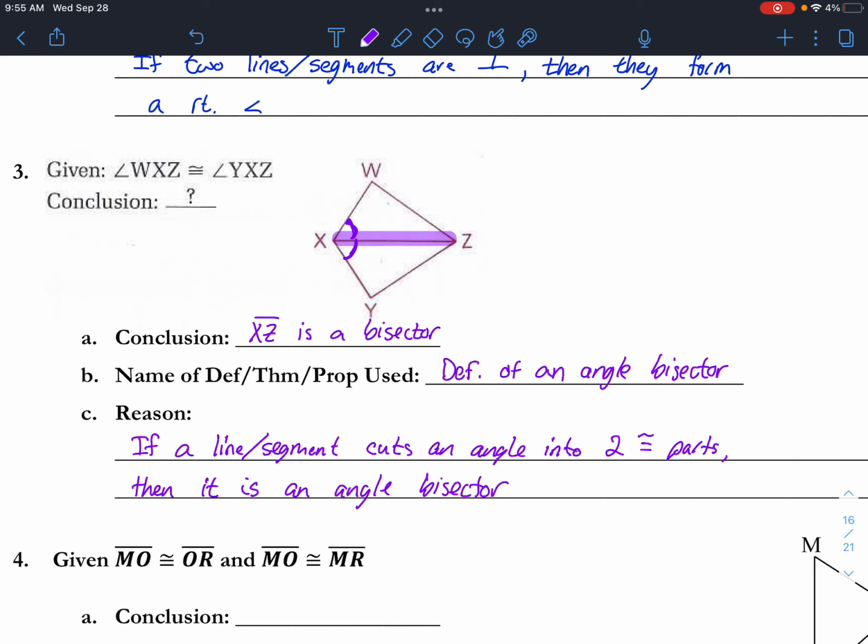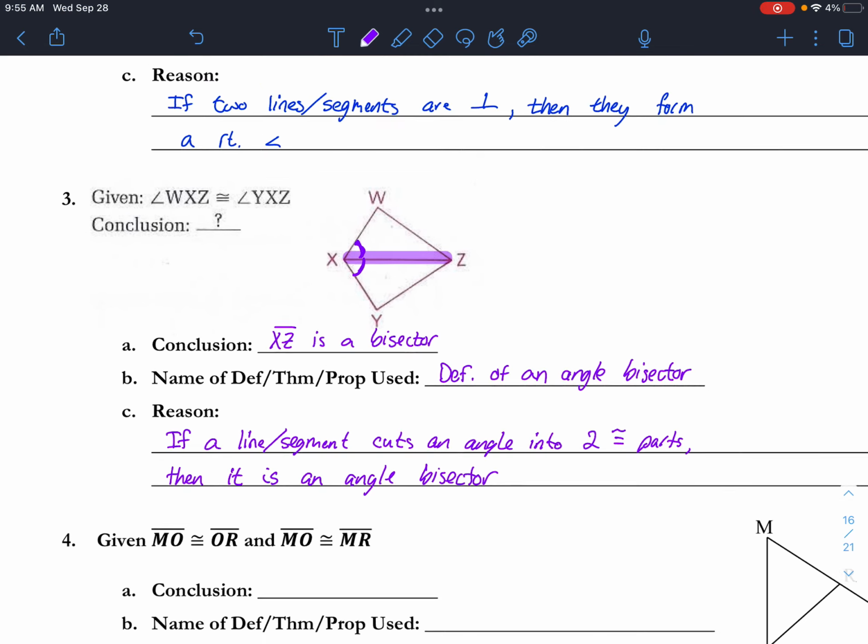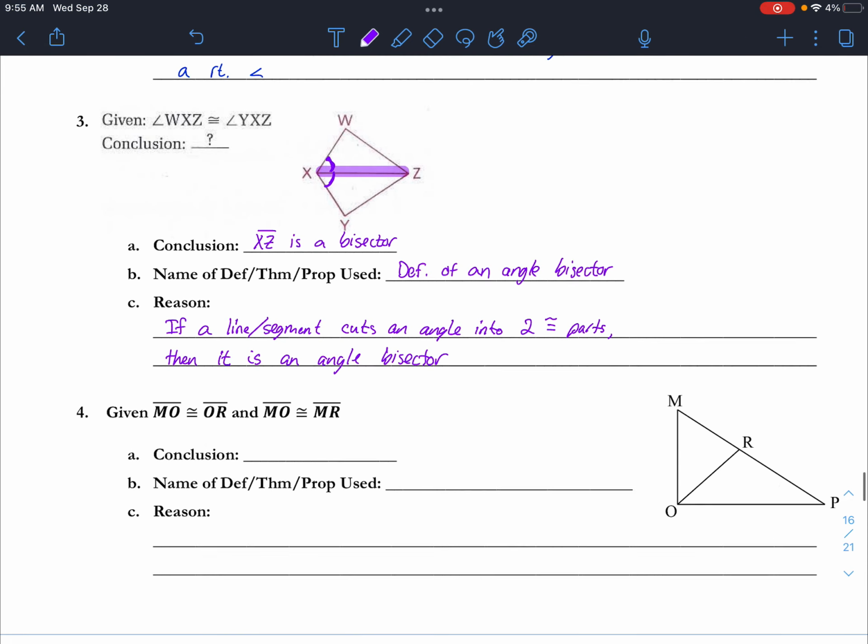All right, we got that in the books now. We can go ahead and utilize that at a later point. Let's see the fourth one. We've got two more after this.